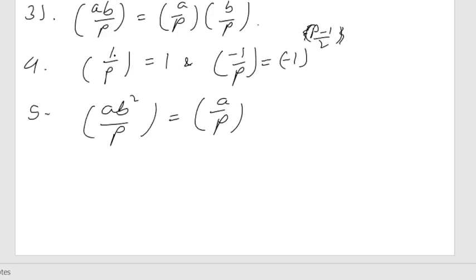The proof of the third is, what is the third property? The Legendre symbol of AB by P is equal to A by P into B by P. Right?